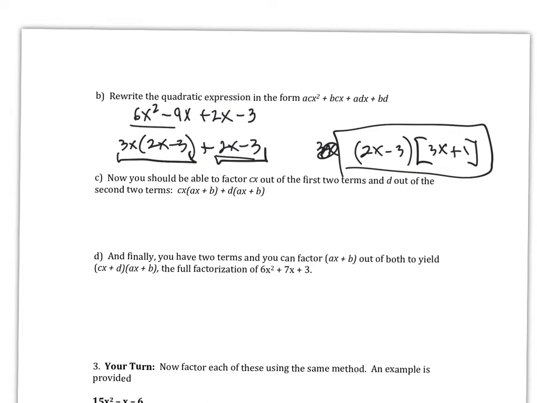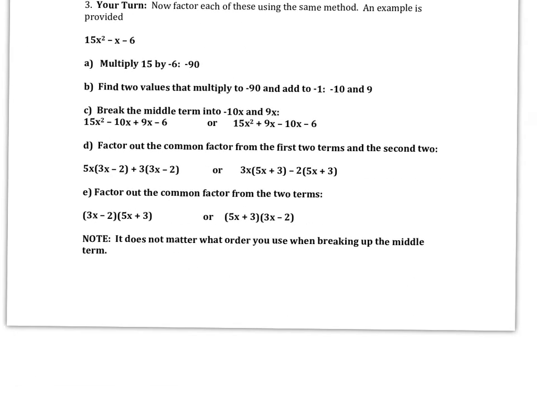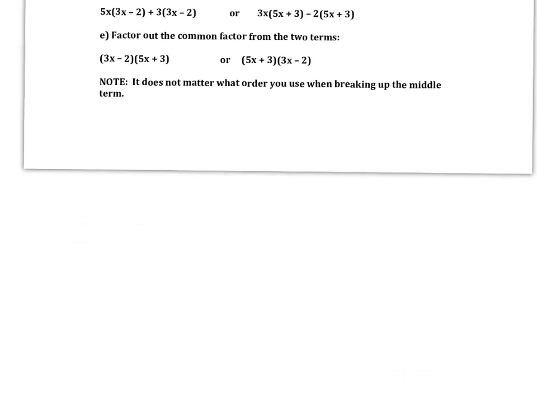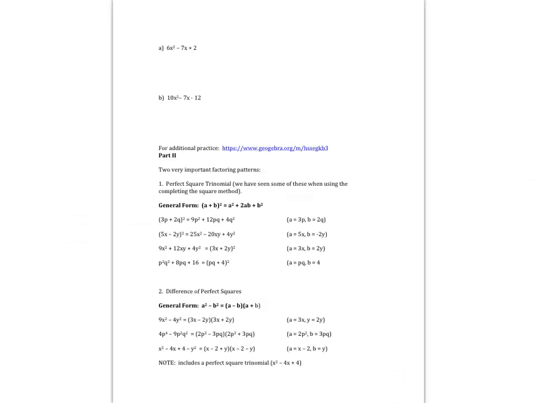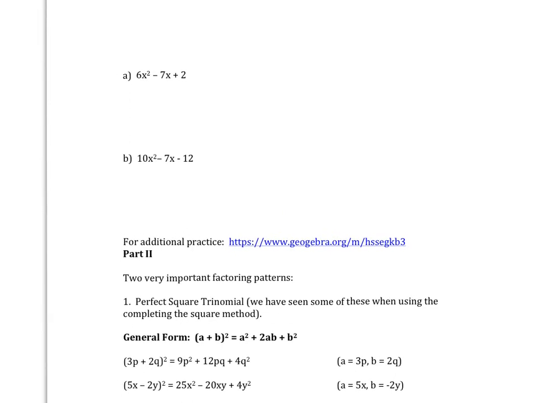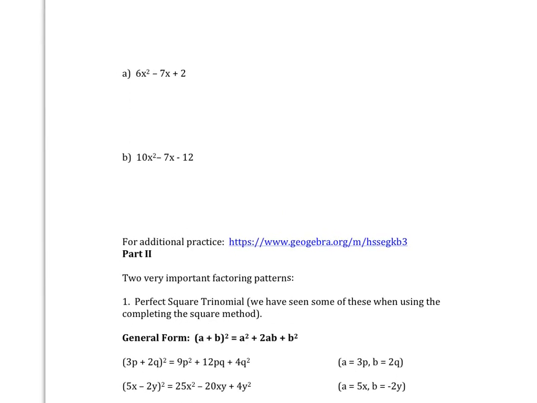All right, so now let's look at a few of these where we're doing them on our own. We'll start with this one. So we had 6x squared minus 7x plus 2. That means we need two numbers that multiply to 6 times 2, or 12, and add up to negative 7. So that means we're going to get negative 4 and negative 3.